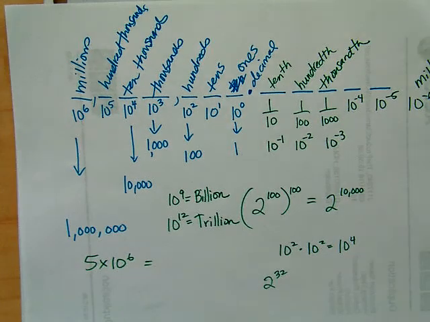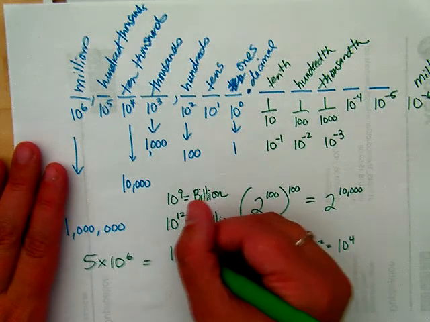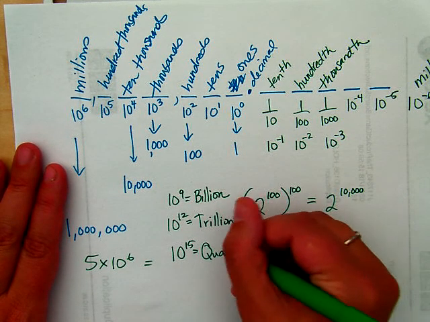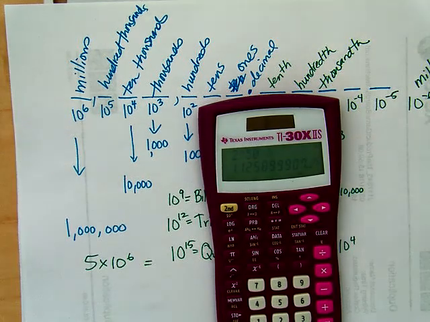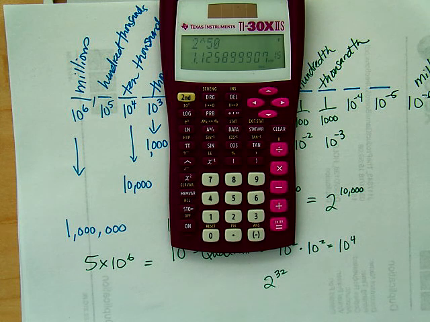That's going to be a 1 followed by 12 zeros. 10 to the 15th is a quadrillion. So essentially 2 to the 50th power is the same thing as a little over 1 quadrillion. That's way bigger than our national debt, thankfully.